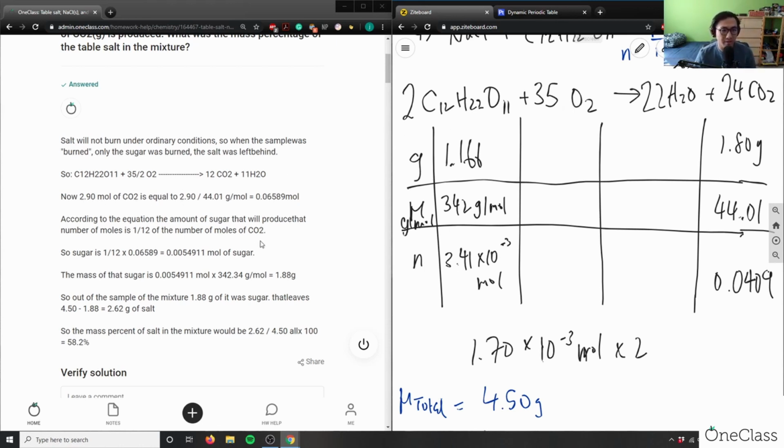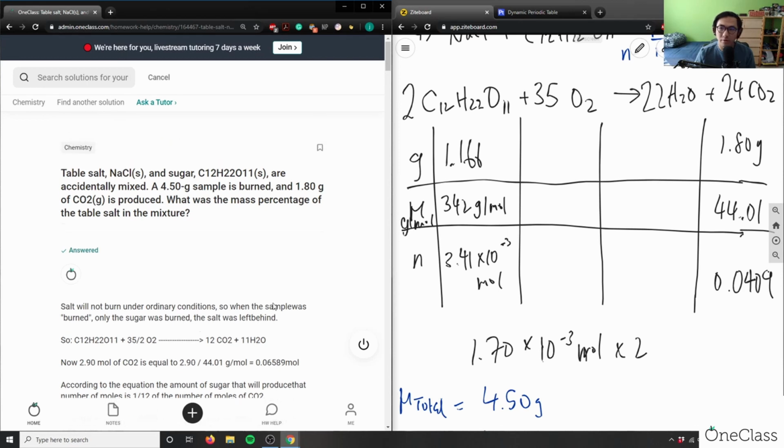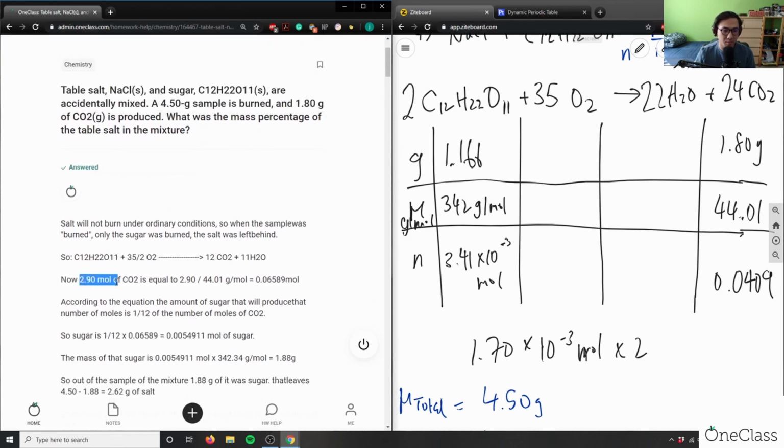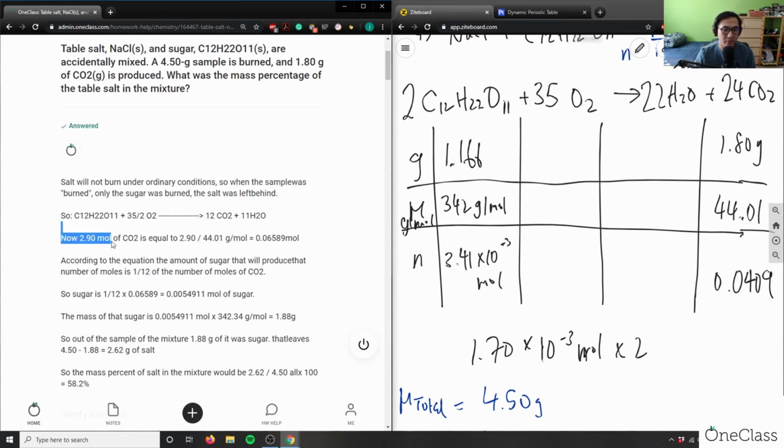Now 2.90 moles of CO2 is equal to, where did they get 2.90 moles? I'm very confused. Where did they get this number from? They didn't get it from the question at all.